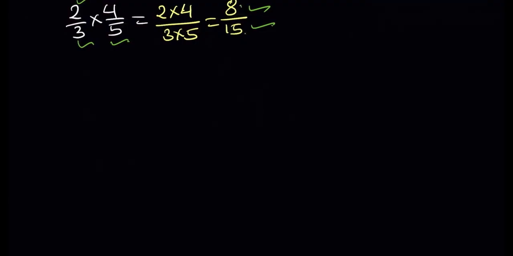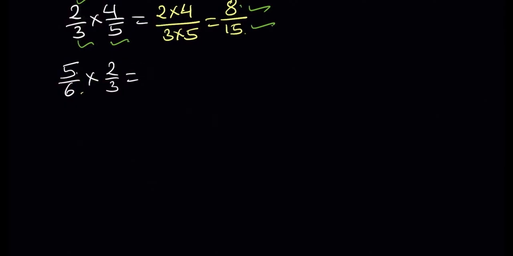Let's take one more example. I will write here 5 by 6 into 2 by 3 equals. When you are multiplying fractions, it's actually a pretty straightforward process. The numerator of the product is just the product of the two numerators, or your new top number is the product of the other top numbers.